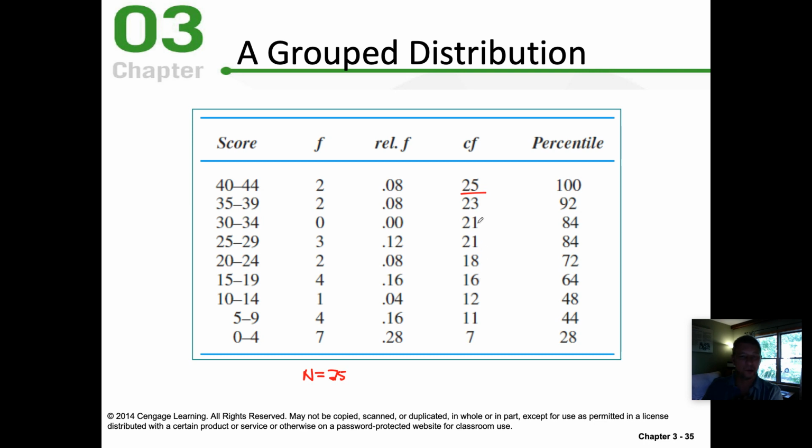So 21 divided by 25 is 0.84, times 100 is 84, and so on. So that's an example of how you would create a distribution table, not only for a grouped distribution, but for any distribution.